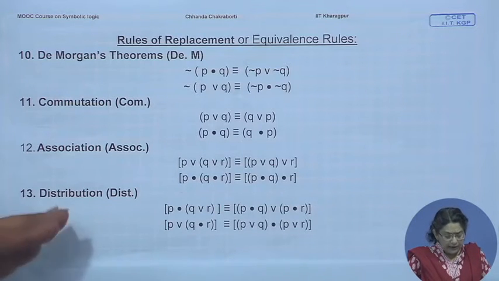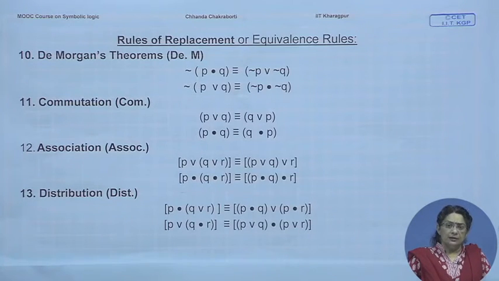Since we have done these rules in the earlier modules, we will proceed to know more. There will be 10 rules of replacement or equivalence rules on top of your 9 rules of inference. So, altogether in your rule base, there will be 19 rules of derivation, and you will see that each one has its own place and its own advantage.